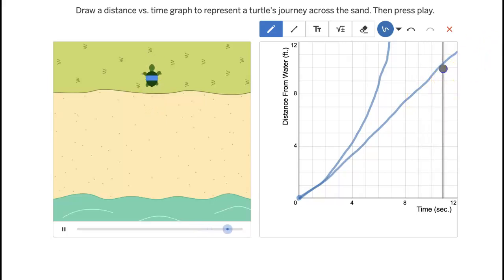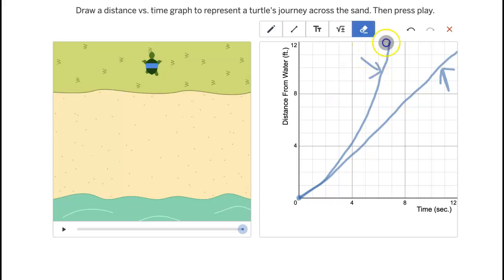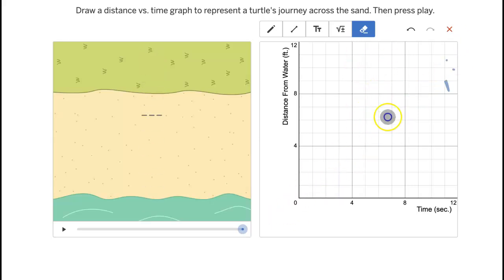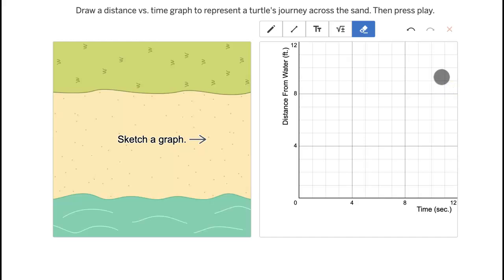So this particular graph represents the constant velocity, but this one is representing changing velocity, like velocity is increasing, right? Okay, so overall we can say when we are getting a graph like that, it means the velocity is increasing. Now the last one, what if the graph goes like this?